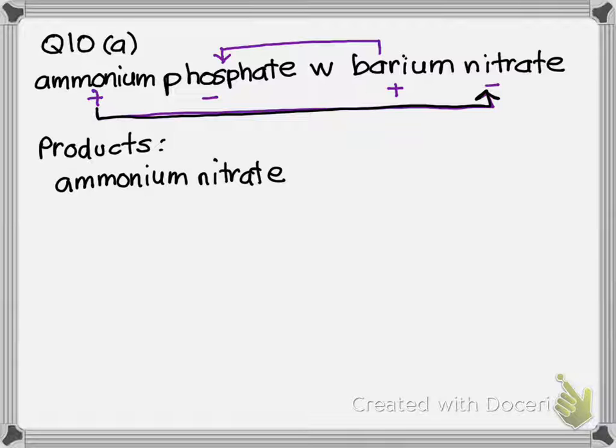And then in the homework they want you just to separate it with a comma, so you just put a comma, and then barium phosphate, and you don't have to put a space after the comma.